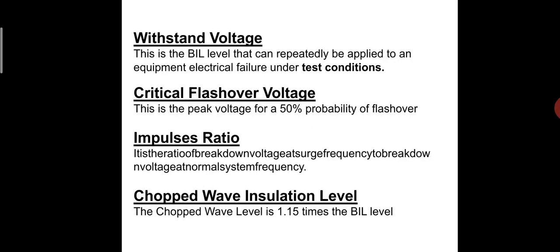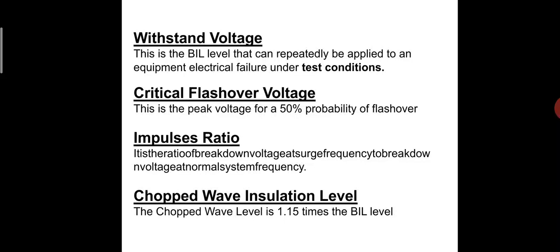So, impulse ratio is equal to the breakdown voltage under surge condition divided by the breakdown voltage under power frequency condition.